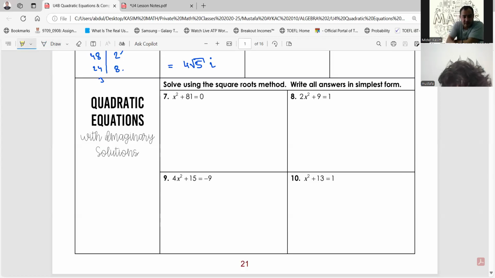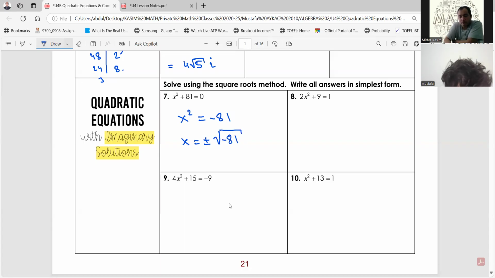It's saying imaginary solutions, right? That means that we have to. Otherwise, if they don't write this, this x squared plus 81 doesn't have a solution in the real number system. Okay, x squared is equal to negative 81, right? Then what is x? X equals plus minus square root of negative 81.